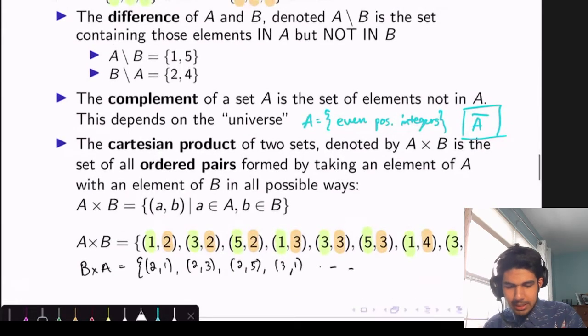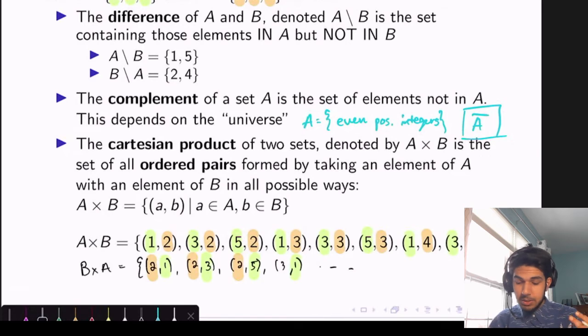You can start to see that it's just the mirror of the above. And again, we can color code it. So this first element would come from B, and the second element would come from A. I forgot one, but whatever. So notice how A cross B and B cross A are not necessarily the same thing.